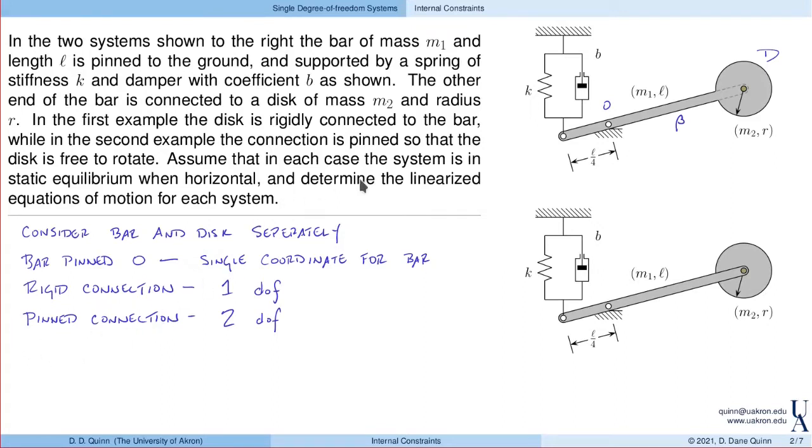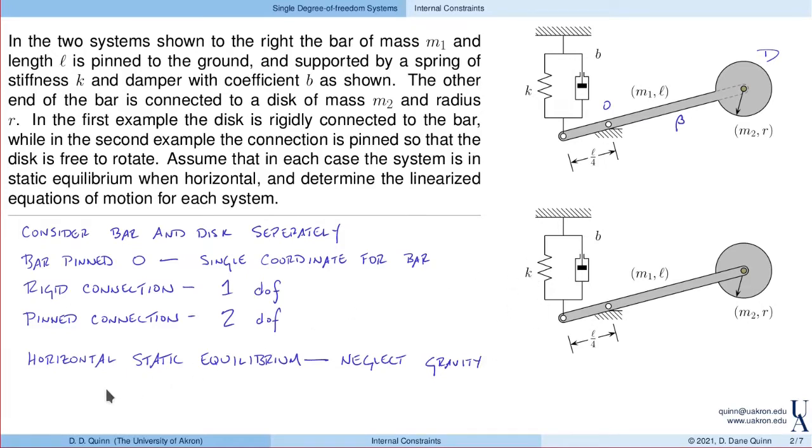Now, we'll assume, as given here in the problem statement, that static equilibrium is horizontal. So we have this horizontal static equilibrium position, which means that I am going to neglect gravity. So we won't be adding in any kind of gravitational load, and we also will not consider the static deflection of the spring.